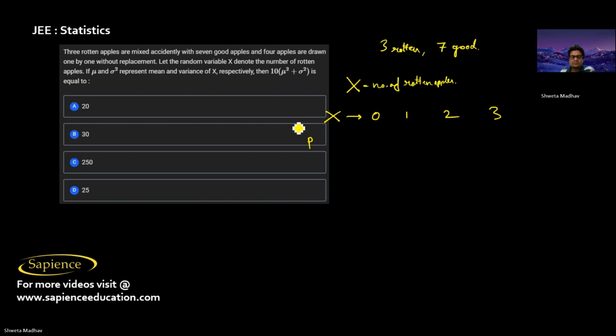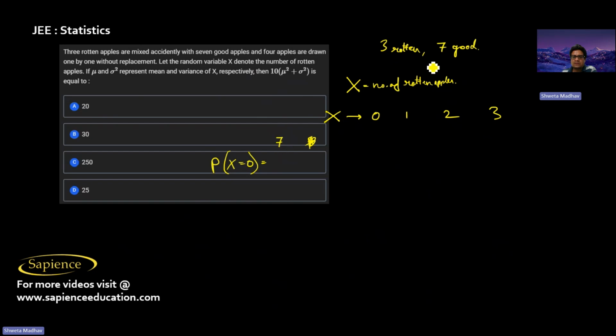So the probability of getting no rotten apples means all 4 will be good apples.